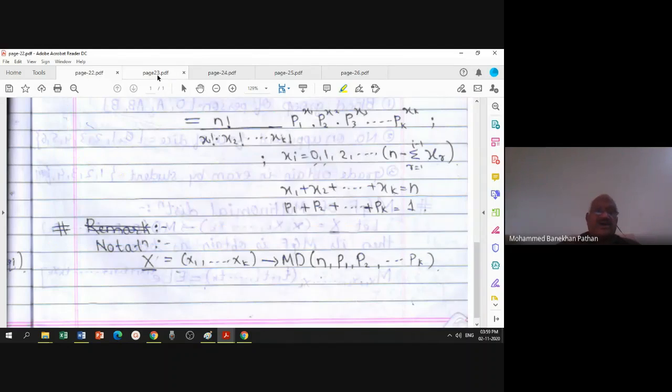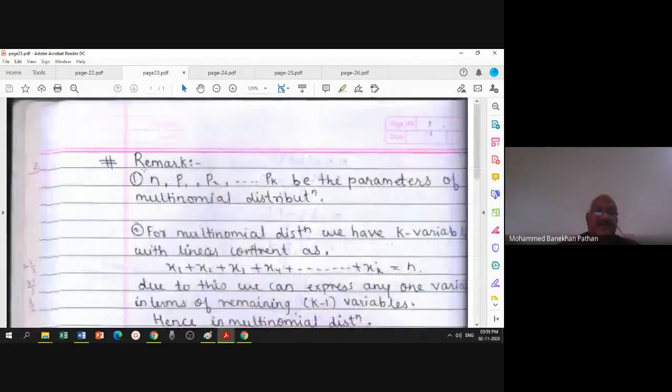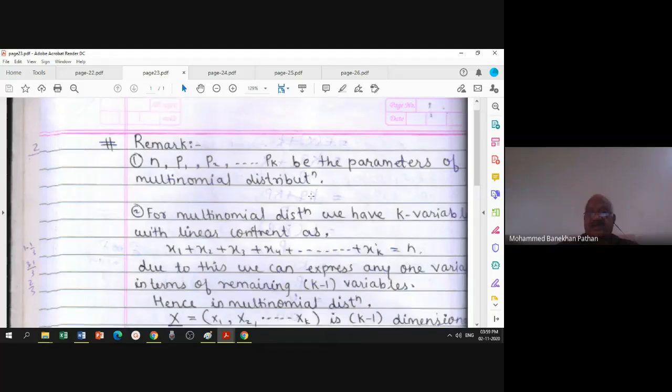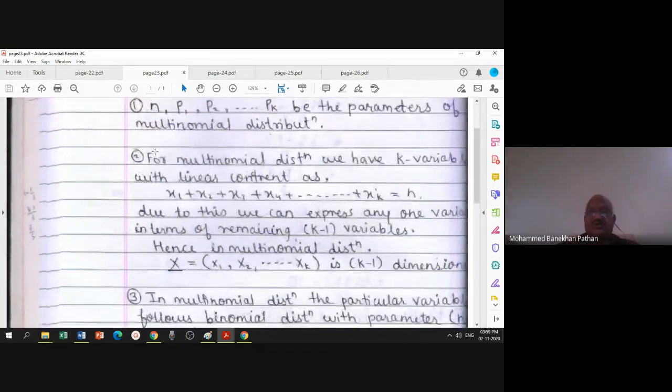Now we go ahead with remarks on this multinomial distribution. Remark number 1: small n, p1, p2, pk are the parameters of multinomial distribution. Remark number 2: for multinomial distribution, we have k variables with a linear constraint.